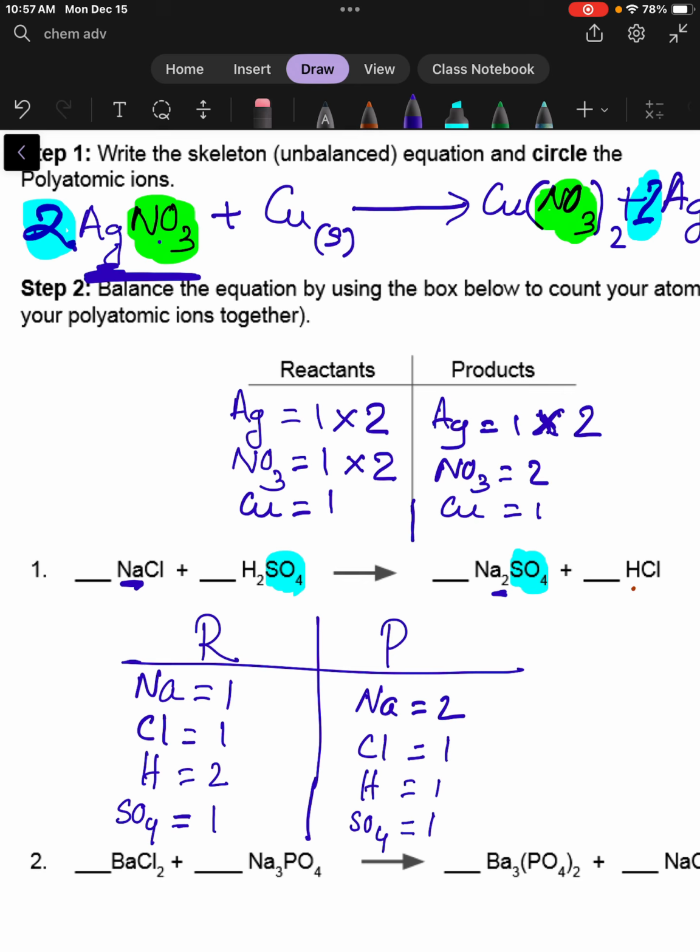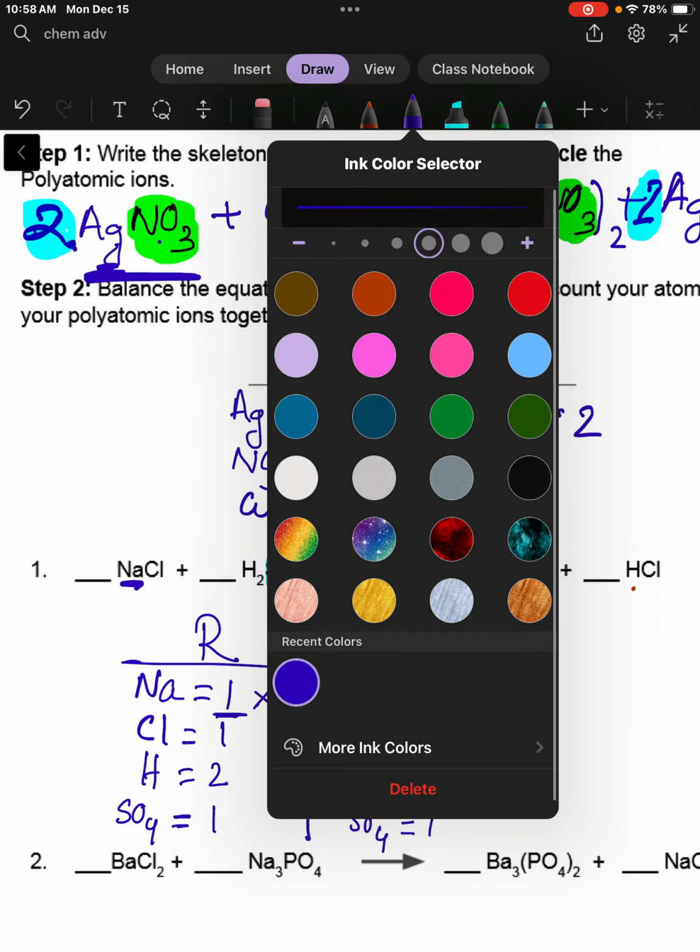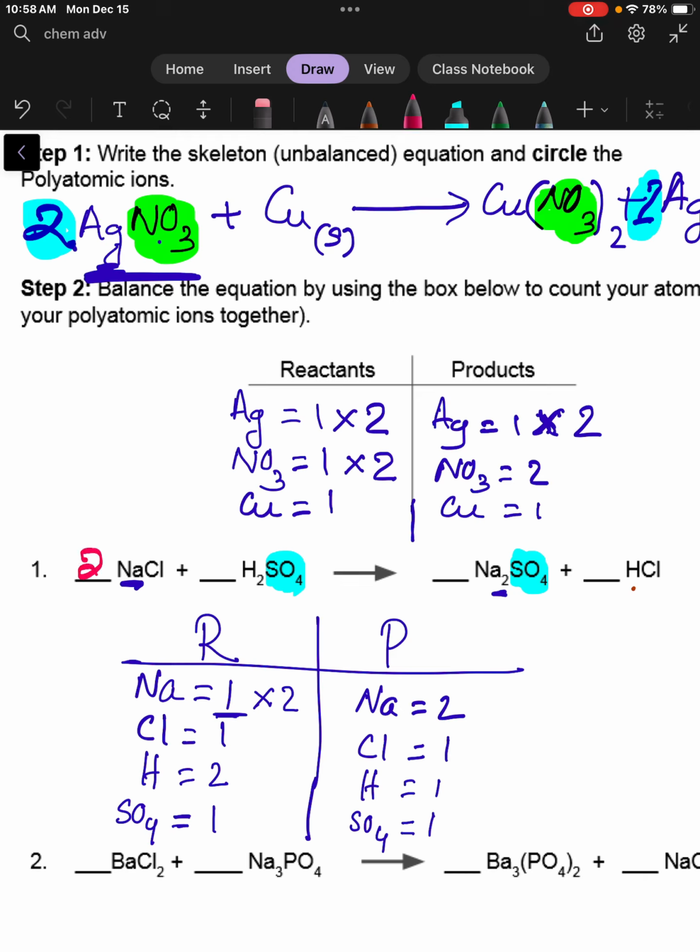So let's balance them. See, some of the atoms are not equal on both sides. Starting from sodium, sodium is 1 on the left, 2 on the right. So I'm going to multiply the compound on the left hand side with the 2. When I multiplied sodium chloride, the chlorine is connected, so chlorine also automatically changed into 2.